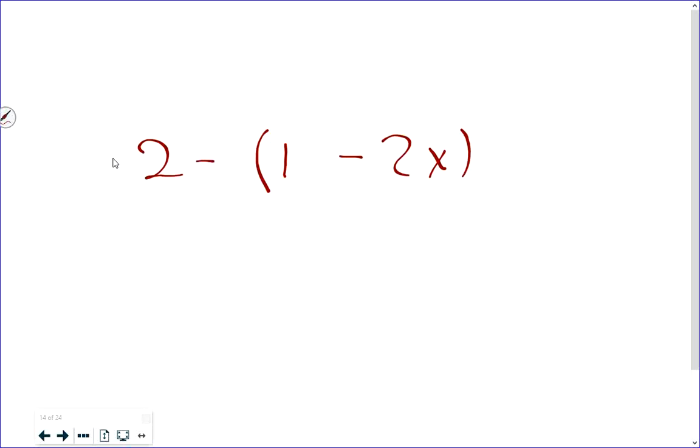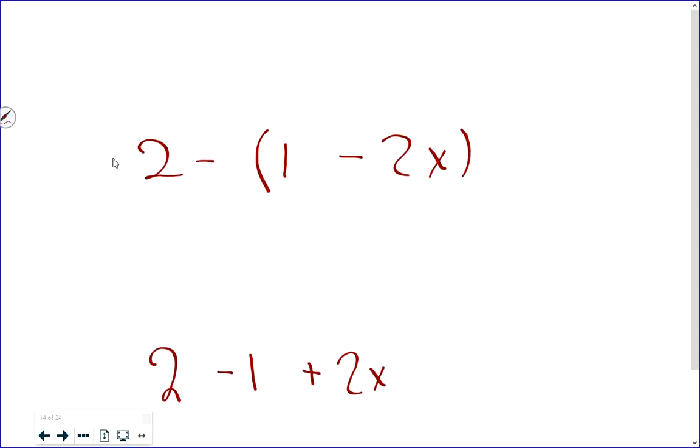Okay. So there are 2 ways for you to go from this to this, which is what I wrote. And we need to talk about this because it's a skill from an earlier grade that we're going to encounter again and again and again. Are you sure? Because 2 minus 2x is 2 plus 2x.